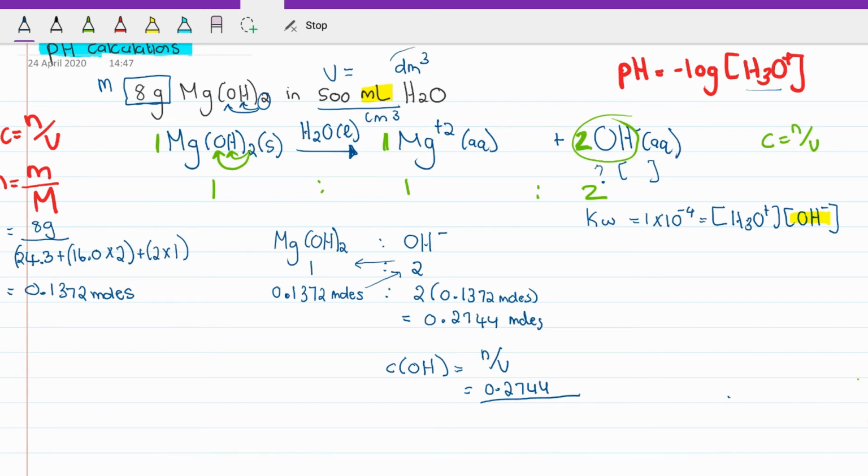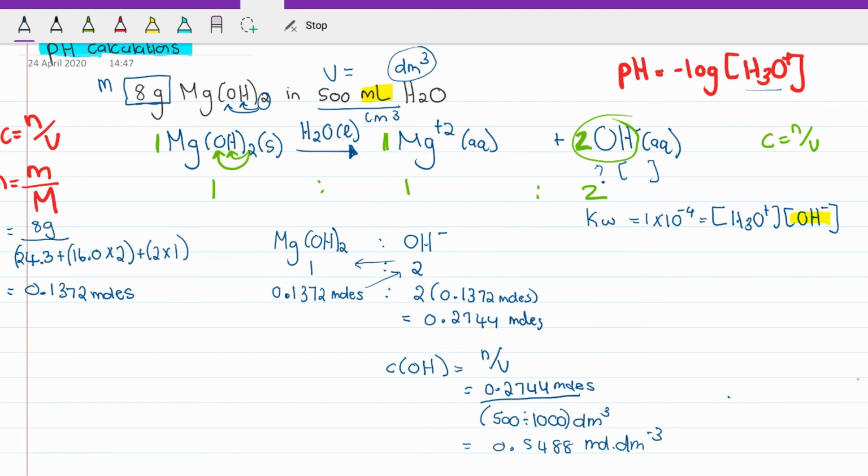So to get that into cubic decimeters, I need to divide by 1,000. And here you can also see the units of concentration, moles over cubic decimeters. So if I work that out, I get an answer of 0.5488 moles per cubic decimeter. So that's now my concentration of my hydroxide.